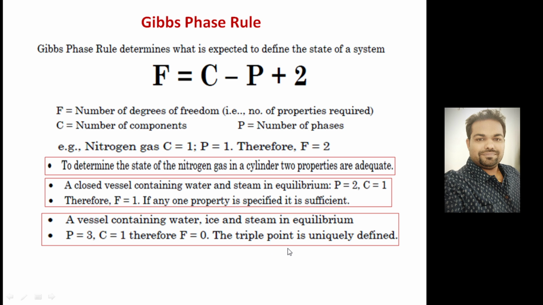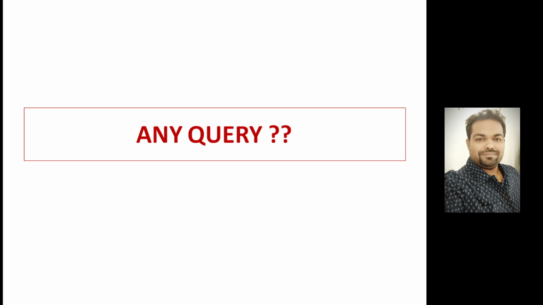So using this very fundamental thing, you can find out the number of independent variables required for getting the state of any pure substance. So with this we are closing today's discussion, and this was the last topic of thermodynamic relations. With this your first topic of your fourth unit, thermodynamic relations, is over.